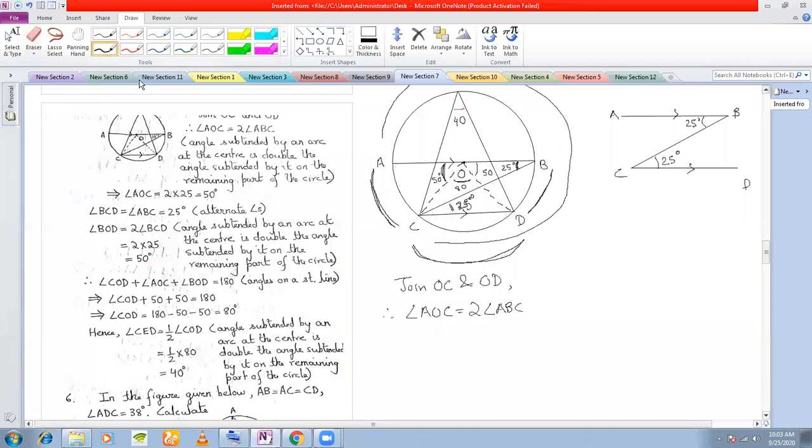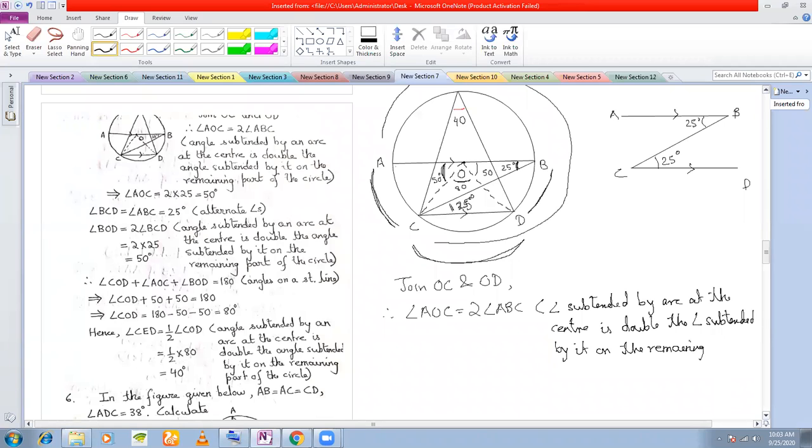Twice of angle ABC, because angle subtended by an arc at the center is double the angle subtended by it on the remaining part of the circle.